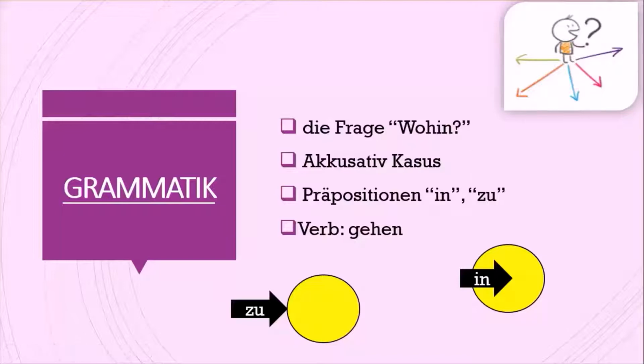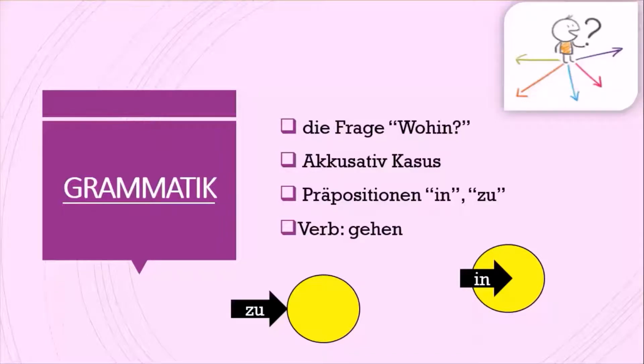Now, where in German uses a different grammar when we use the question wo to describe location in German.